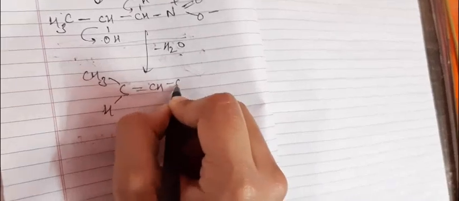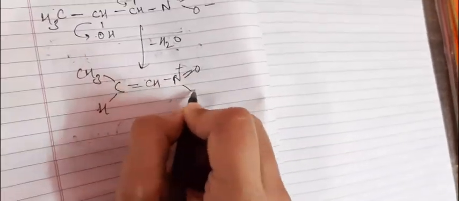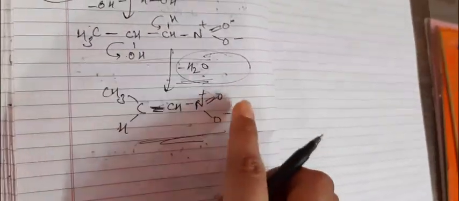And we get the following compound, which is namely 1-nitropropene. The structure of this compound is as follows. The driving force for this dehydration is the gain in stability due to conjugation of the ethylenic double bond with the double bond of the nitro group.